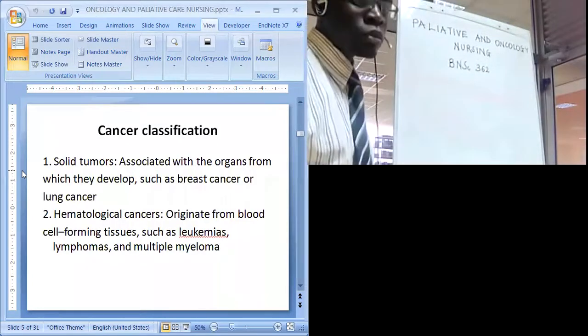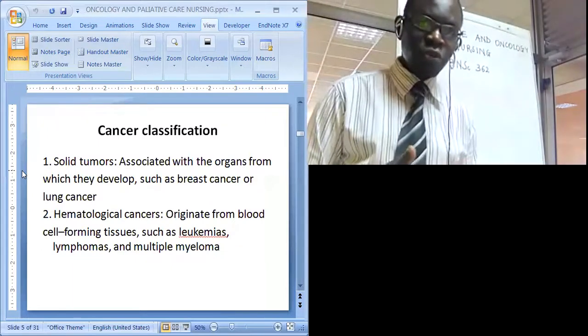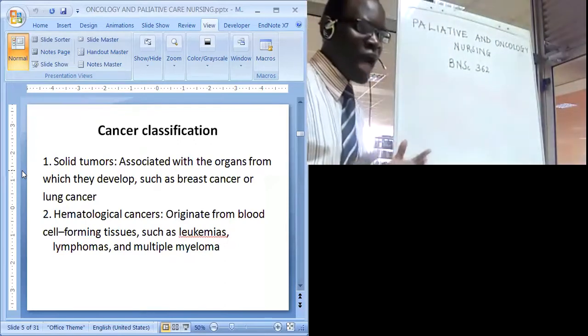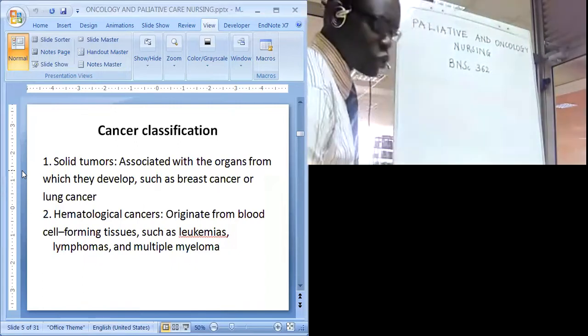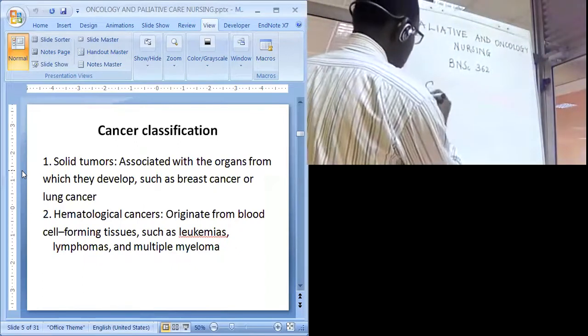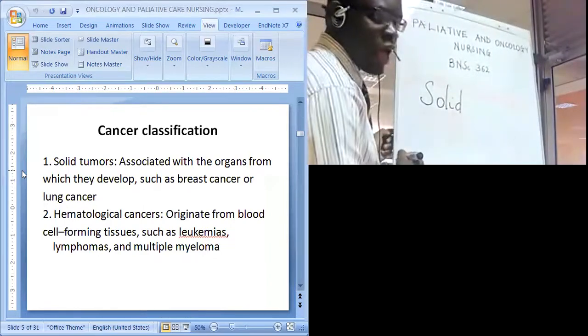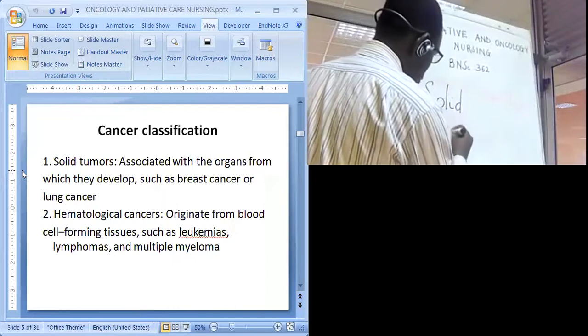Okay, now how are cancers classified? Because this is very important. They can be classified as solid tumors. You know what we mean by the word solid? And then they can also be classified as hematological.